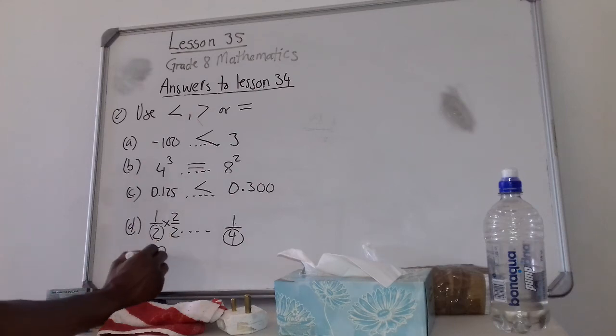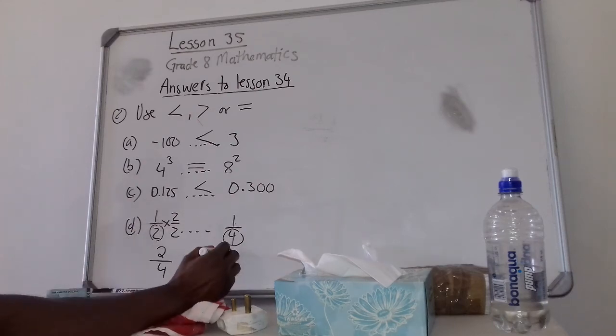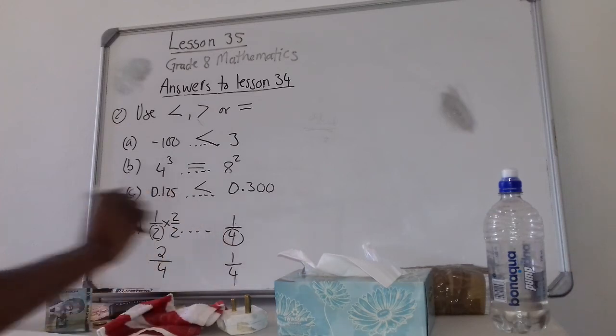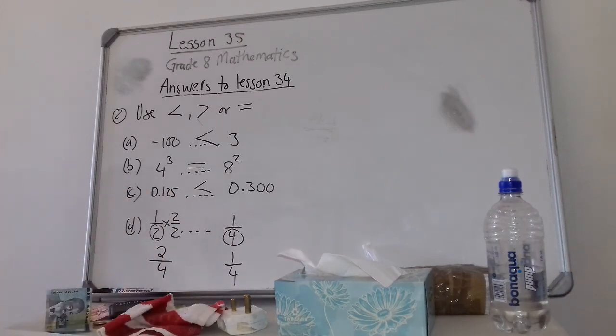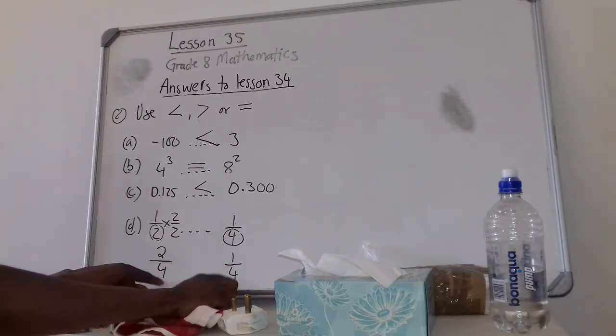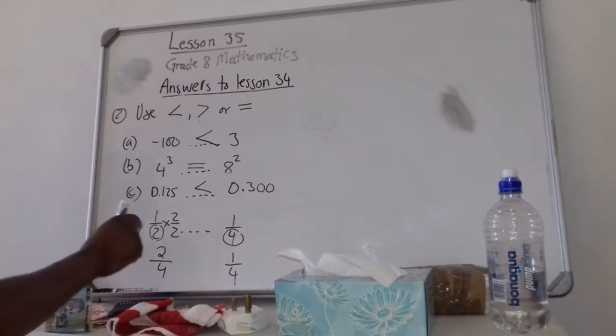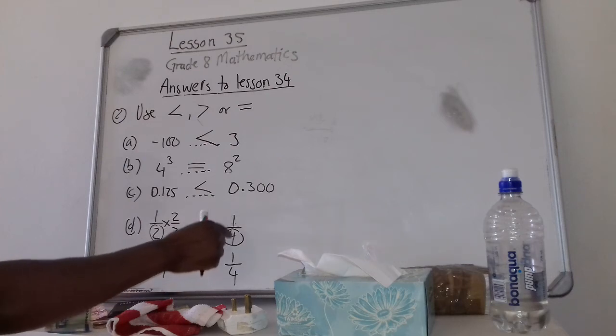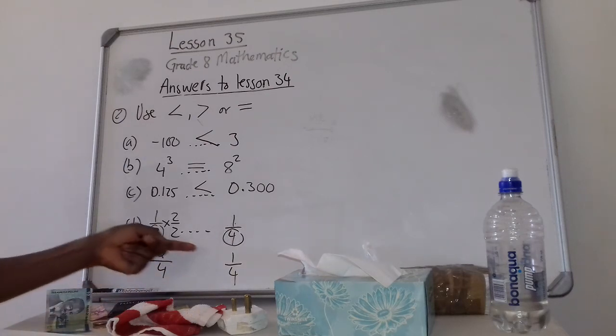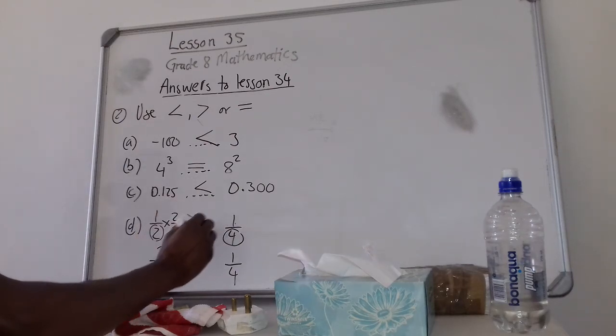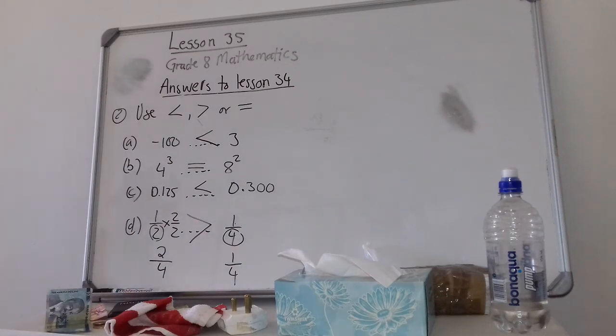Then we end up with 2 over 4 and 1 over 4. When your denominators are the same, you look at the numerators. The one with the bigger numerator is the bigger one. So 1 over 2 is bigger than 1 over 4 because 2 over 4 is bigger than 1 over 4. That's how you do it.